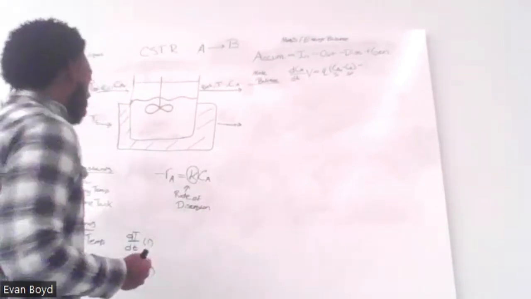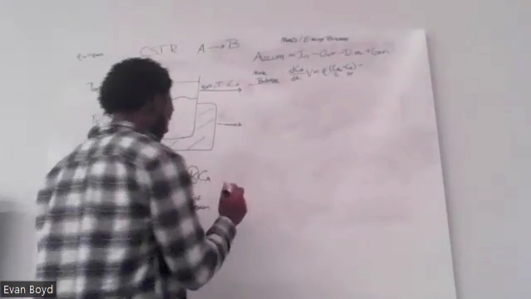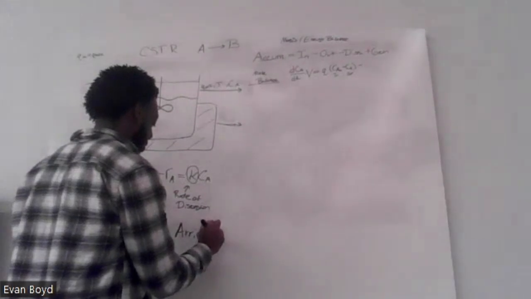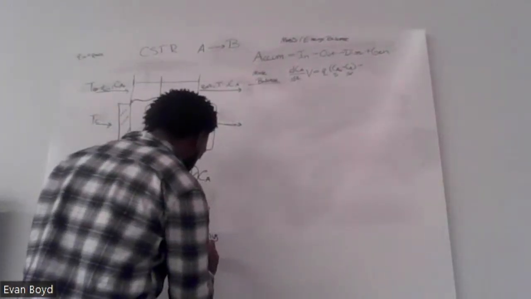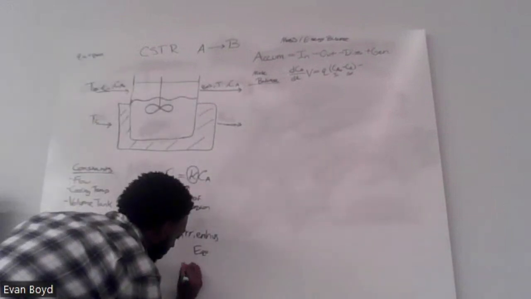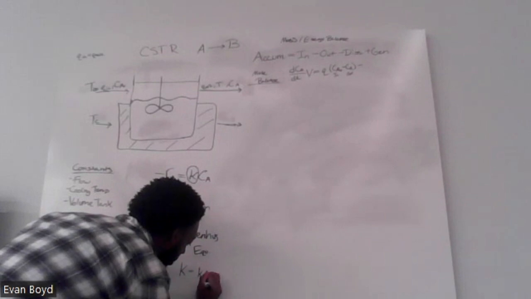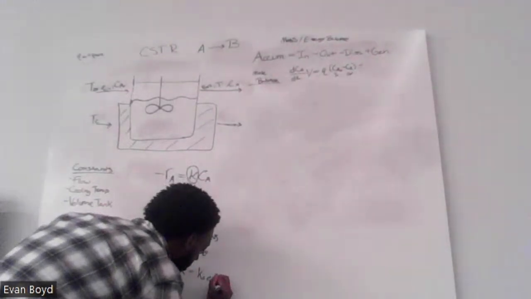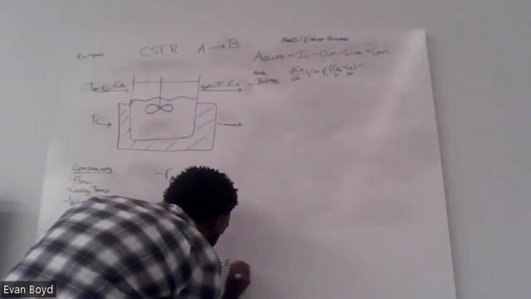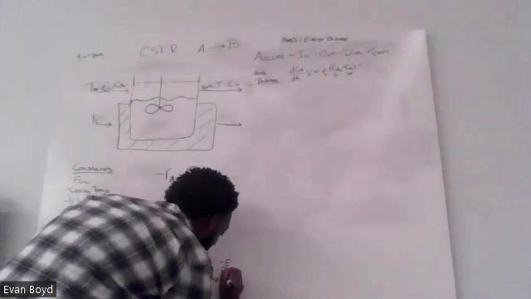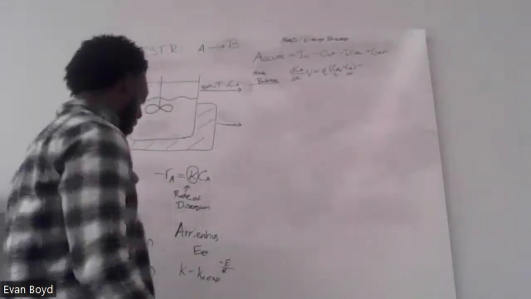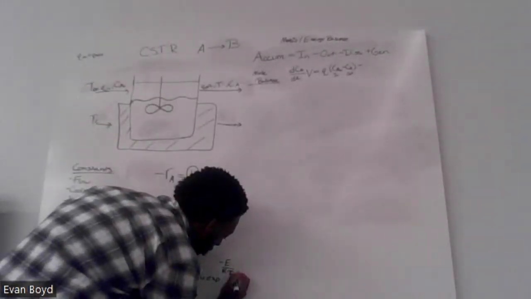Which we can write using the Arrhenius equation, I'm pretty sure I'm saying that right. Which basically states that K is equal to the Arrhenius number times the exponential of negative E, which is the activation energy, divided by our gas constant, usually represented as 8.314, times our temperature.